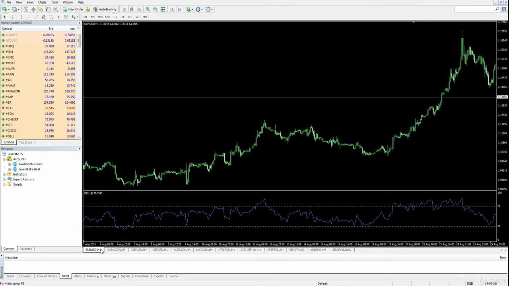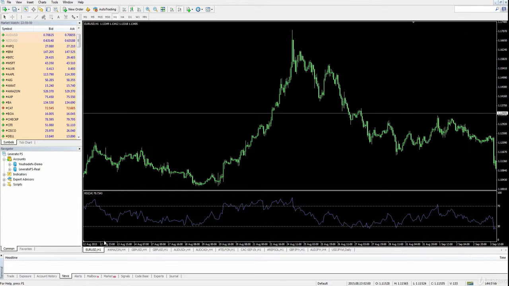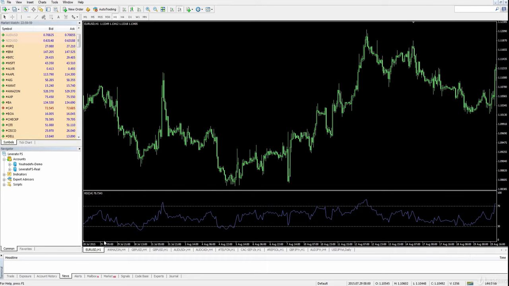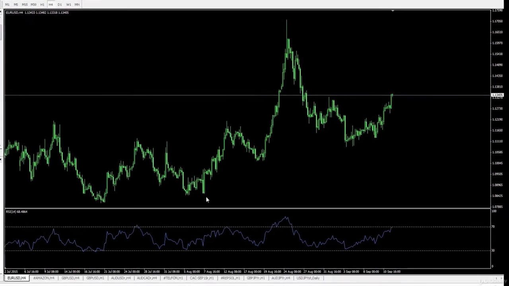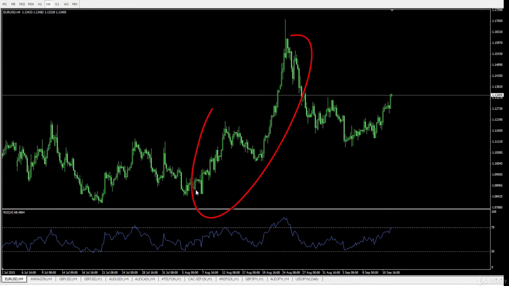We can move to the platform and open the currency pair euro dollar to see if we can find here the trend line and also support and resistance levels. Pay attention to these two rising waves. Okay, we will connect the two bottoms and get the trend line.